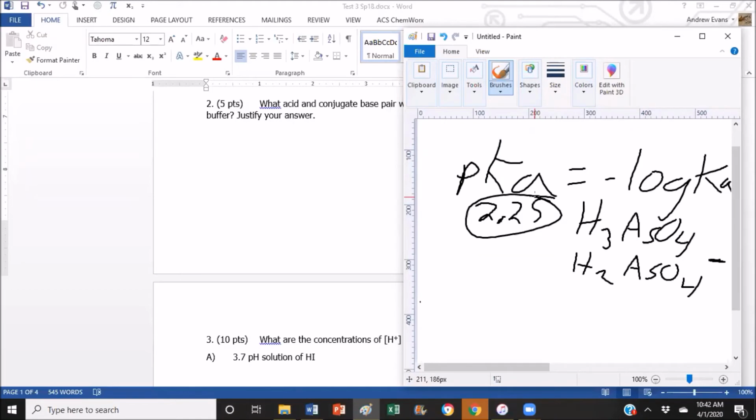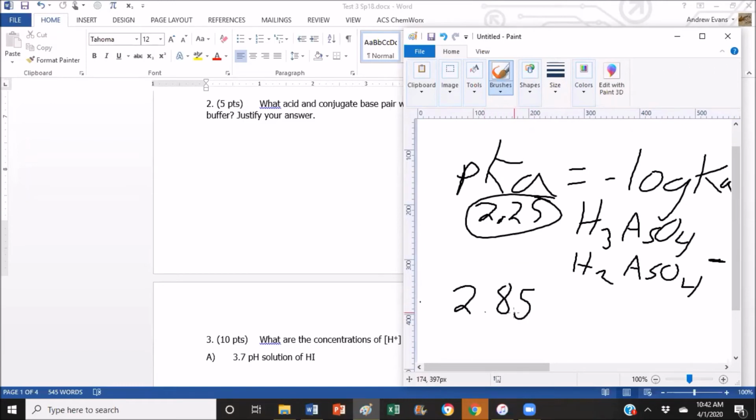I keep looking down my list. What about chloroacetic acid? Chloroacetic acid has a Ka of 1.4 times 10 to the negative third, which gives a pKa of 2.85. Well, that's even better.